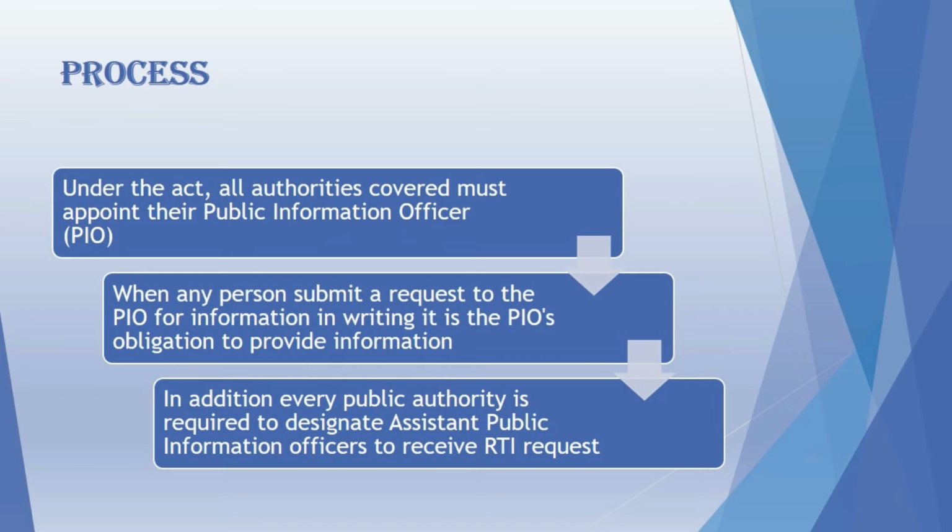When any person submits a request to the PIO for information in writing, it is the PIO's obligation to reply and provide the information to that particular citizen. In addition, every public authority is required to designate an Assistant Public Information Officer to receive RTI requests. That means the APIO receives the RTI request and the PIO solves it and replies to the citizen.